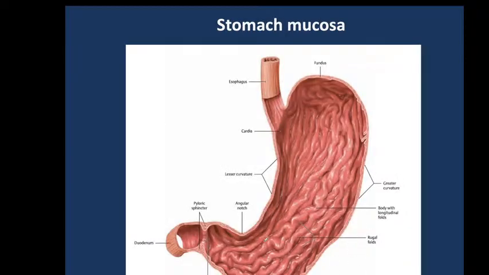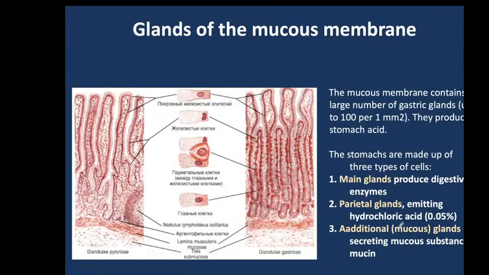Inside the stomach we could find a mucous membrane with a lot of folds. It is like a net of folds, and in the mucous membrane we could find 3 types of glands. Main glands produce digestive enzymes. Parietal glands produce hydrochloric acid, which kills the microbes, and additional glands secrete mucous substances, mucin, to protect the mucous membrane from the aggressive hydrochloric acid.